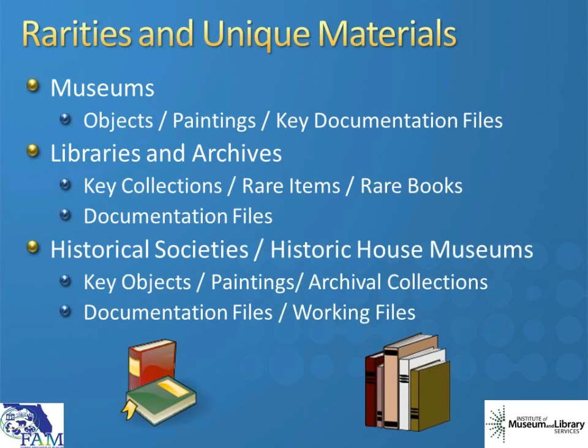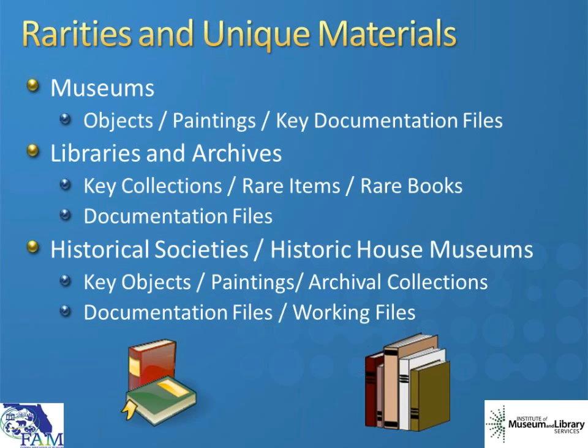Libraries and archives, there'll be key collections, there'll be rare items, rare books, same kind of documentation file. Historic house museums, there's going to be key objects that you may have, paintings, archival collections, documentation files, and even working files. Among these kinds of documentation files, especially for places that have objects, would be things like inventory, pictures of the item, description, kinds of things you would need to provide to an insurance company if you had a problem or a disaster after the fact.